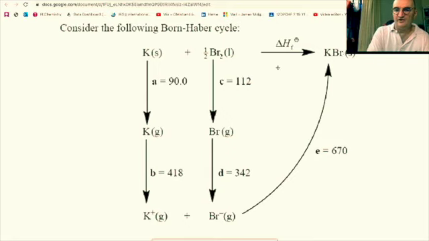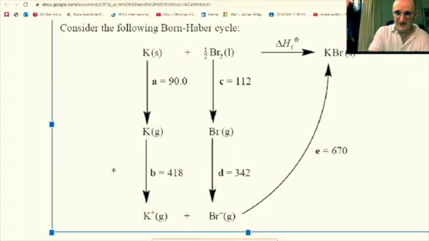Okay, so I could be given delta HF. I could be given any 5 out of these 6, and be expected to work out the unknown, whether it's ionization energy or electron affinity, atomization, enthalpy of formation. Any of them can be unknown in the cycle.